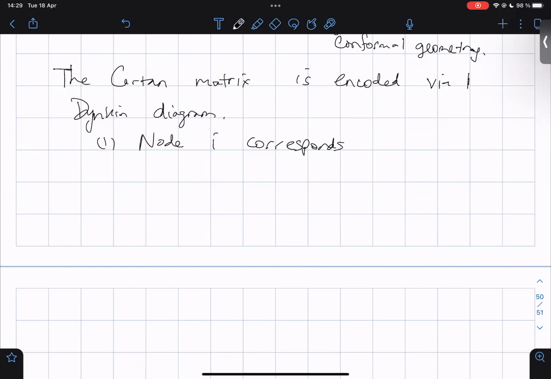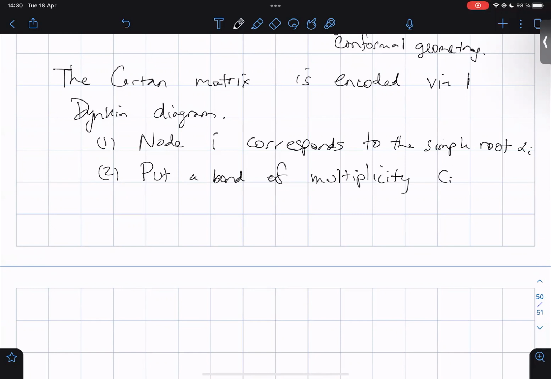It's a graph, okay? So node I corresponds to the simple root alpha I. We're going to put a bond, a connection, so a bond of multiplicity Cij times Cji between nodes I and J. Of course, you'd be correct in asking the question, does this actually make sense?